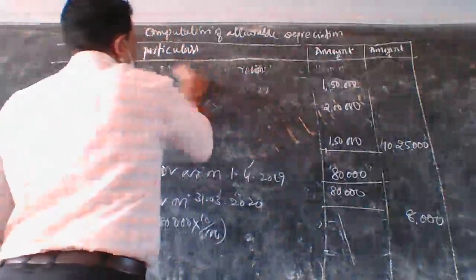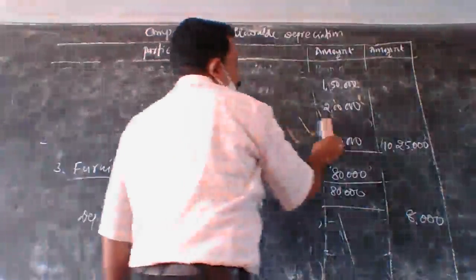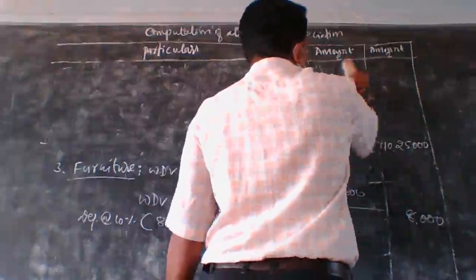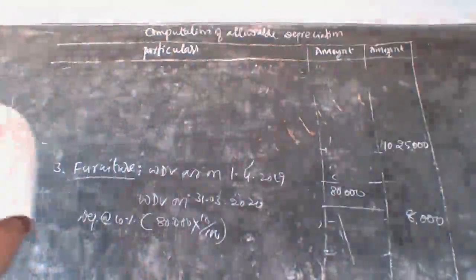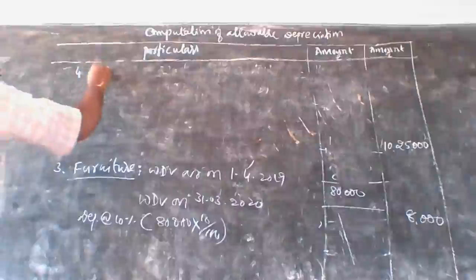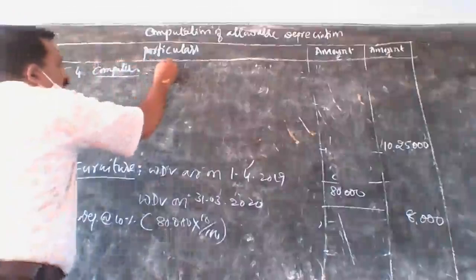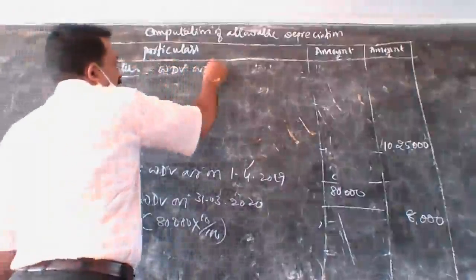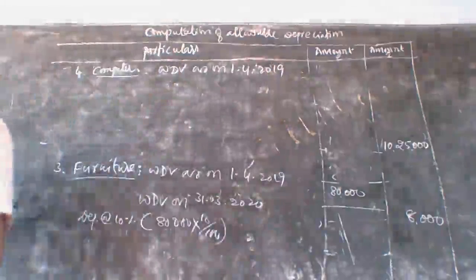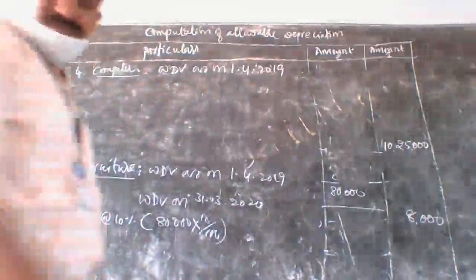Okay. Next block of asset: computer. WDV as on 1st April 2019: how much? 2 lakh.